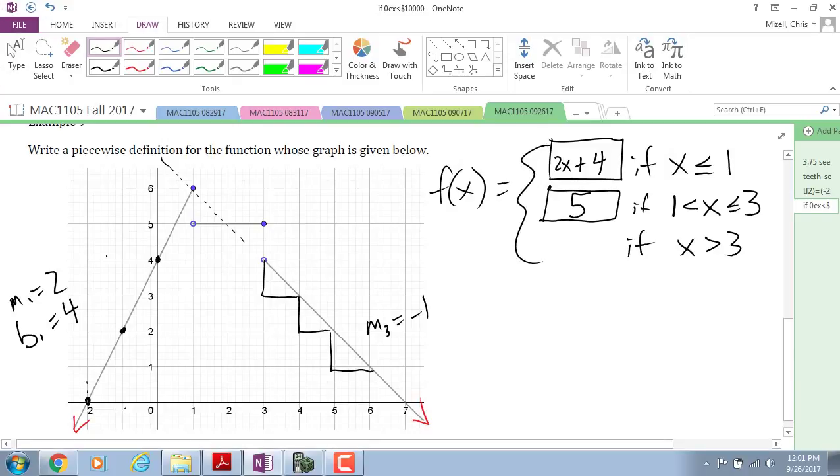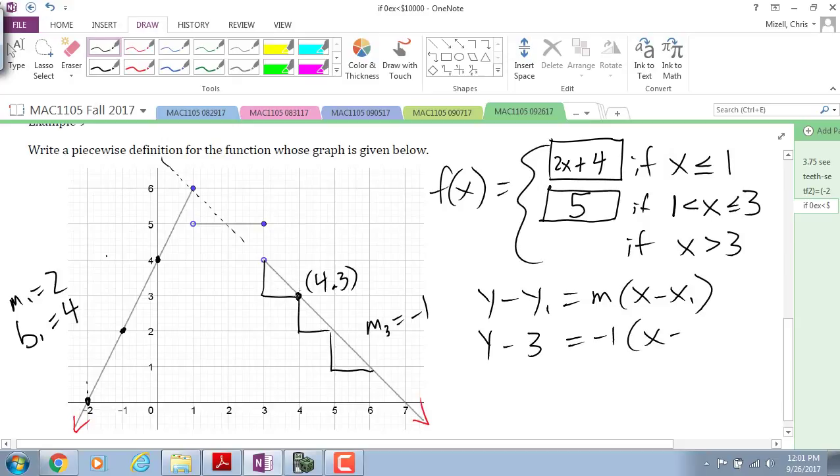Now in general, you might need to use the point slope equation, so I'm going to use the point slope equation, and any point on this line will do. I'm going to use it with the point 4, 3, so here goes. Using y minus y sub 1 equals m times x minus x sub 1. y minus 3 equals -1 times x minus 4. y minus 3 equals -x plus 4.